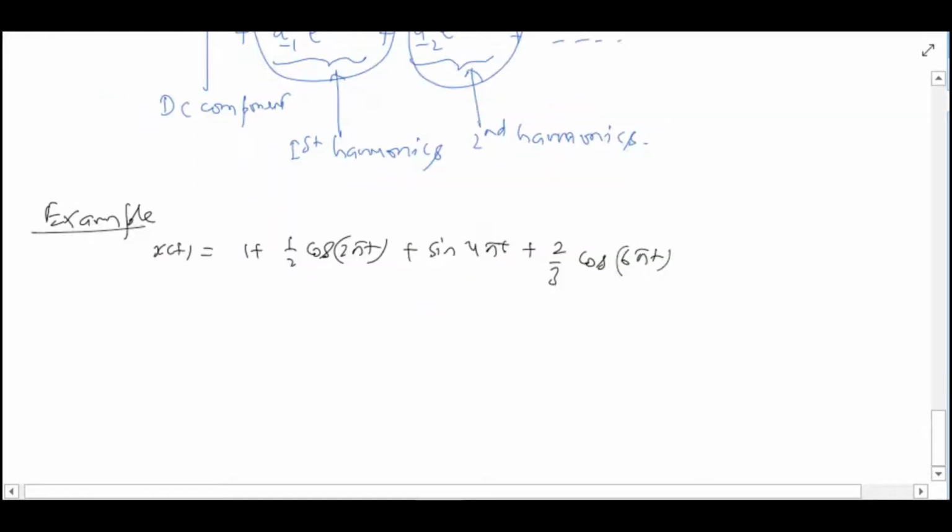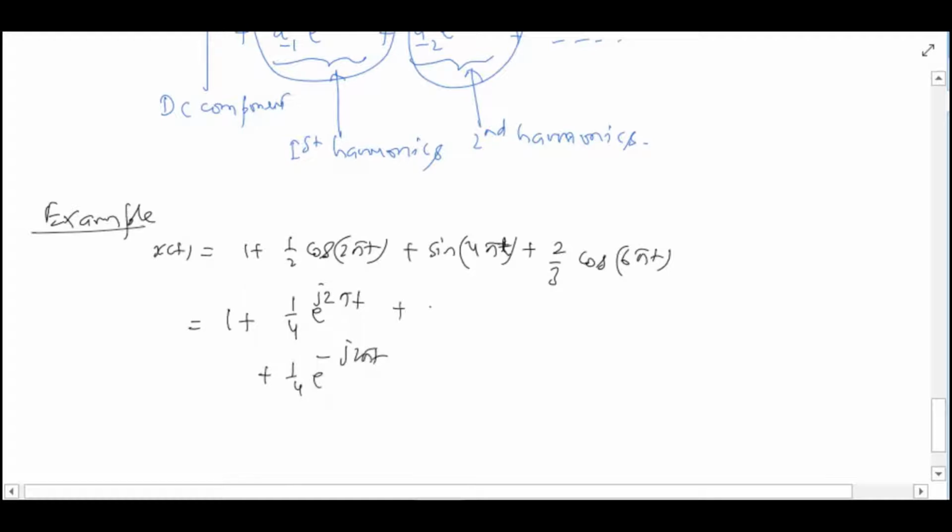We can write these sinusoidals as weighted sums of complex exponentials, and write the whole thing as 1 plus 1 by 4 e raised to j 2 pi t, and the corresponding other term will be e raised to minus j 2 pi t.